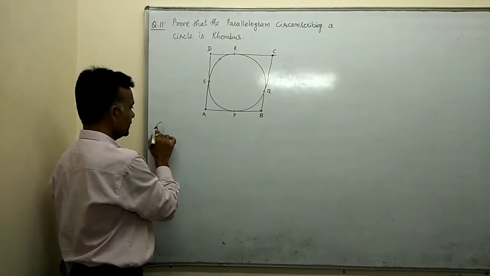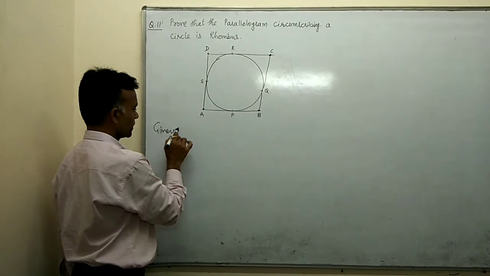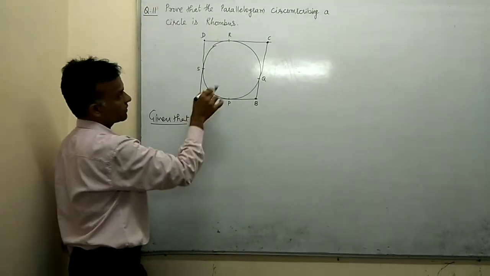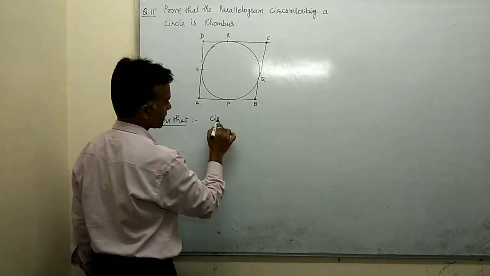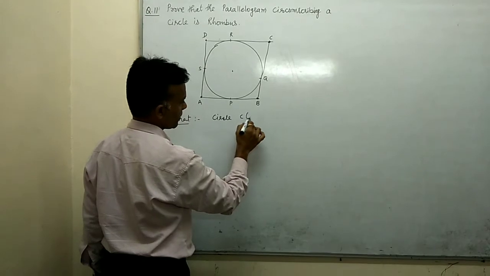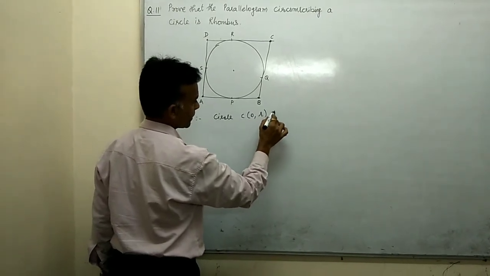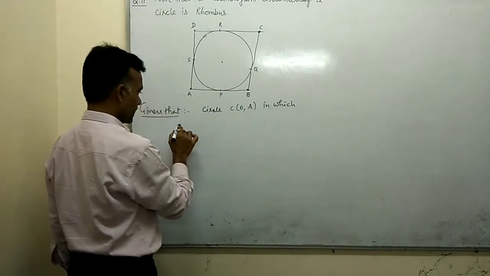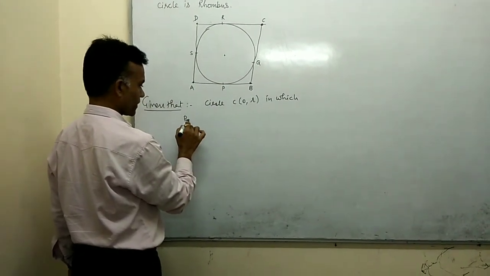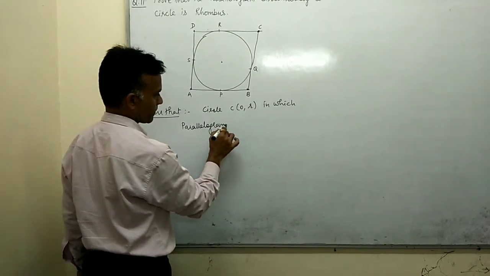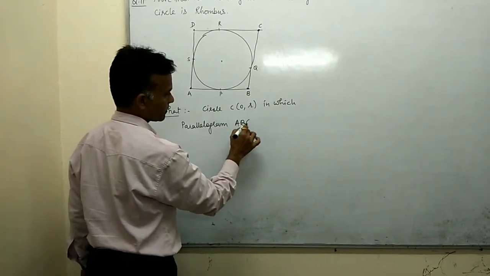And now what is given here? One object is given, a circle. Here the center is given, like C of O, R, in which parallelogram ABCD is given.